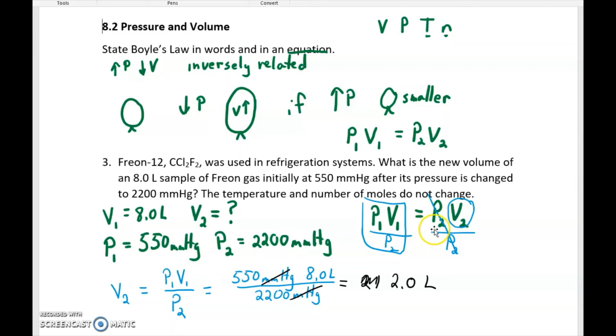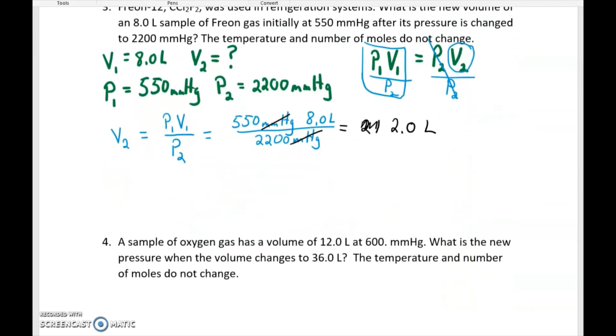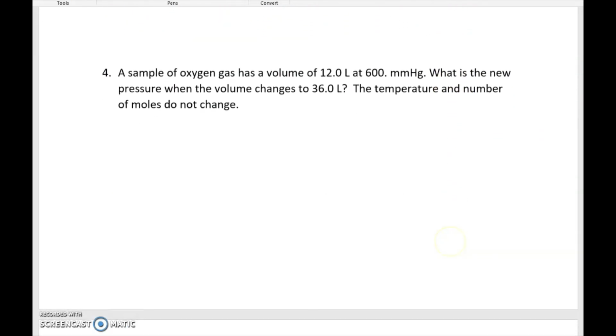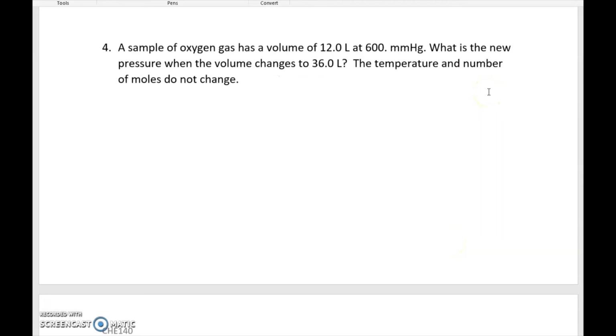With all these problems, it's a good idea if you'll look at the problem first and see if you can figure it out before I work it. So let's start with this one. We have a sample of oxygen gas. It has a volume of 12.0 liters and at 600 millimeters of mercury.